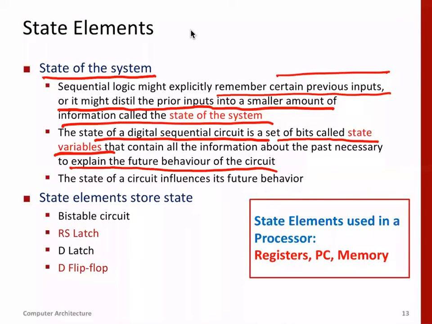Okay, all right. So where can we store this past information? We can store it in registers, the program counter of course, and memory. Okay, all right. So now we will look at the design of registers.